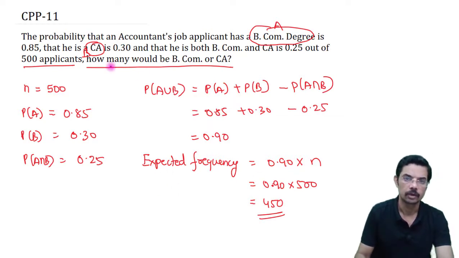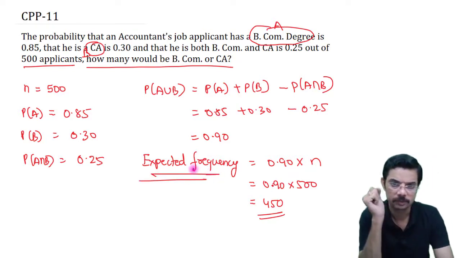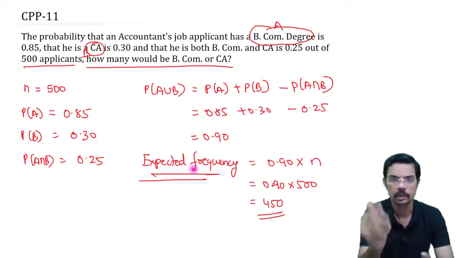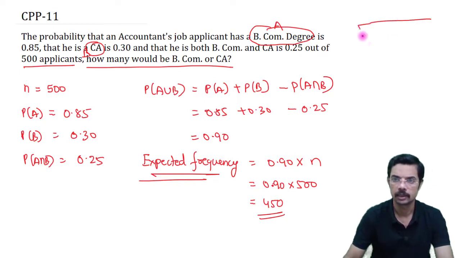Okay, so therefore, how many would be BCom or CA? It will be 450. So you need to remember this part, that this is expected frequency. Here we are asked a number of people. Okay, number of people who could be BCom or CA. Okay, let us understand that by the Venn diagram. Suppose these are the total 500 candidates.